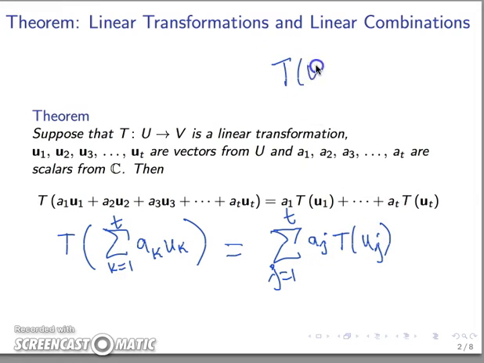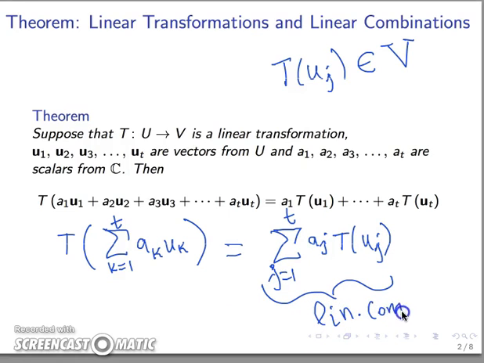Here each object T of u sub j is a member of the codomain, right? And so V, the codomain, is assumed to be a vector space. So this right hand side here is another linear combination, which is a member of the codomain.